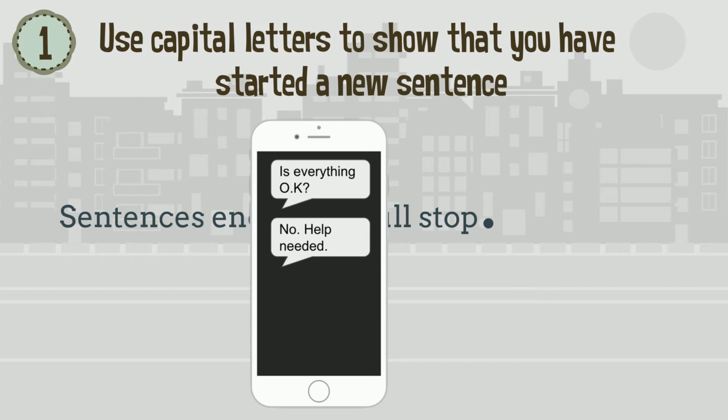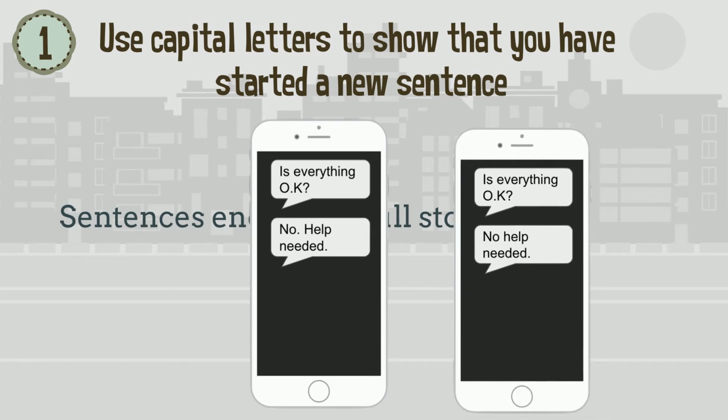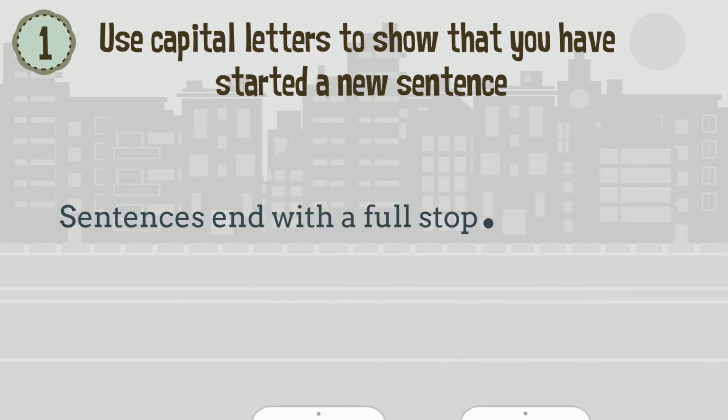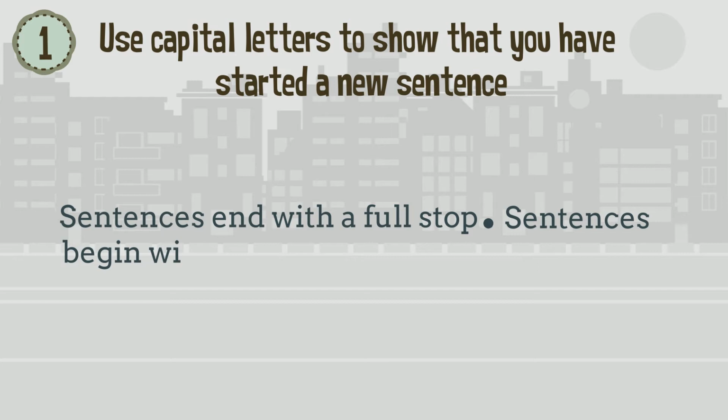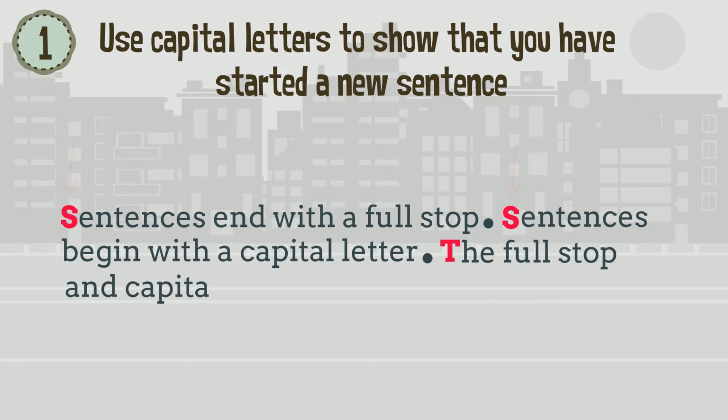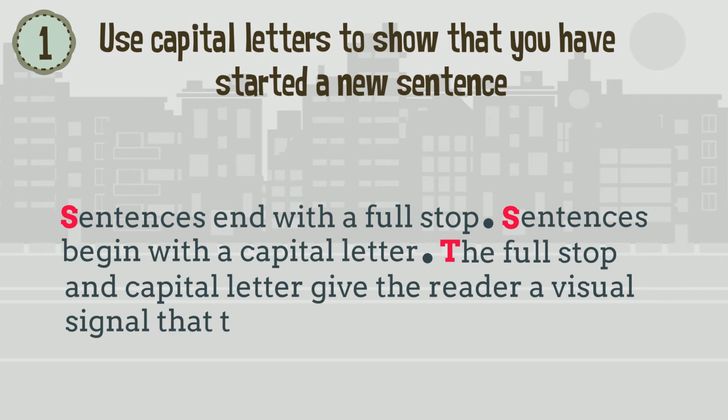No. Help needed. Is everything okay? No help needed. Sentences begin with a capital letter. The full stop and the capital letter give the reader a visual signal that they need to stop.